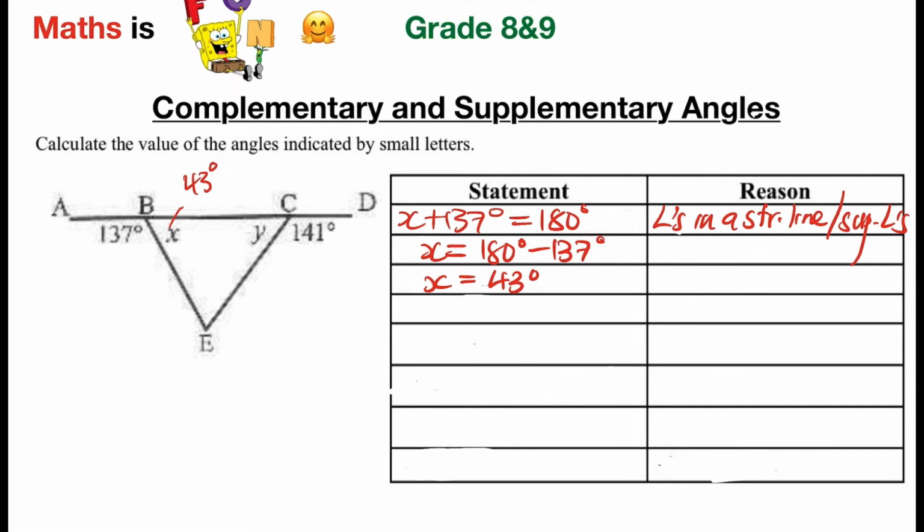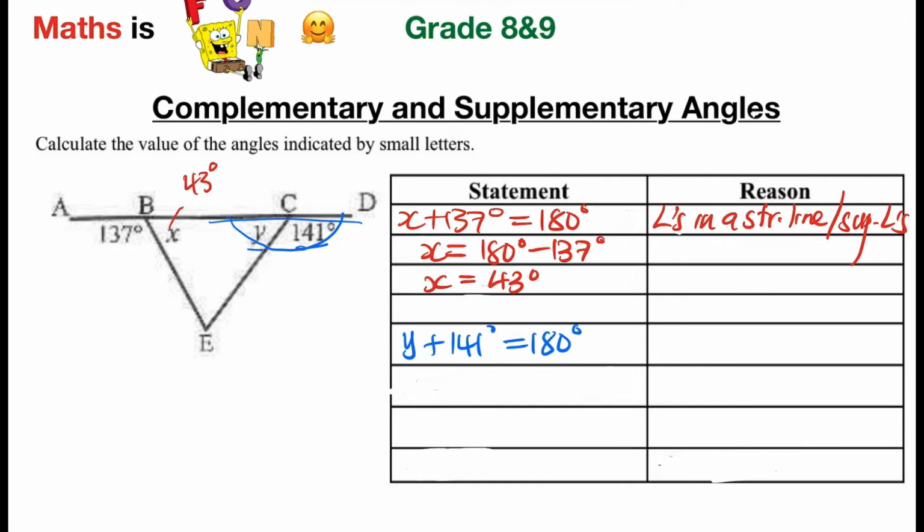So now we can go and find y. Since also y and 141 are adjacent angles, meaning they are next to each other. They make up 180 when you add them. They are adjacent angles on a straight line. So we can say y plus 141 equal to 180 degrees.